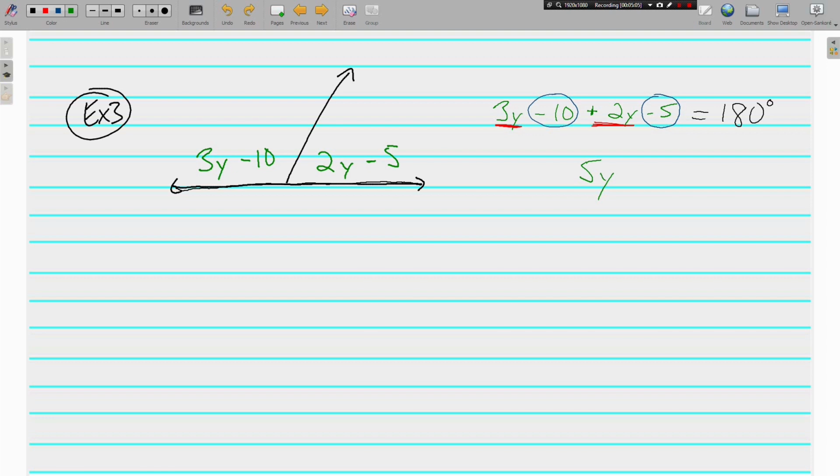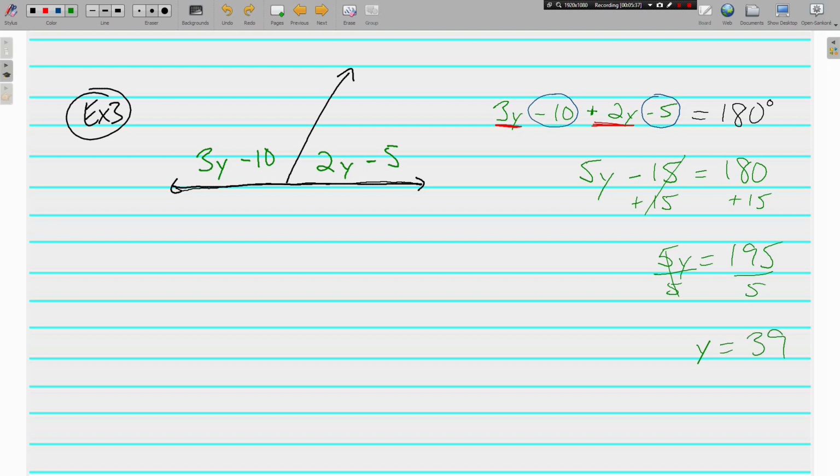Positive 10, negative 5 is positive 5. Equals 180.